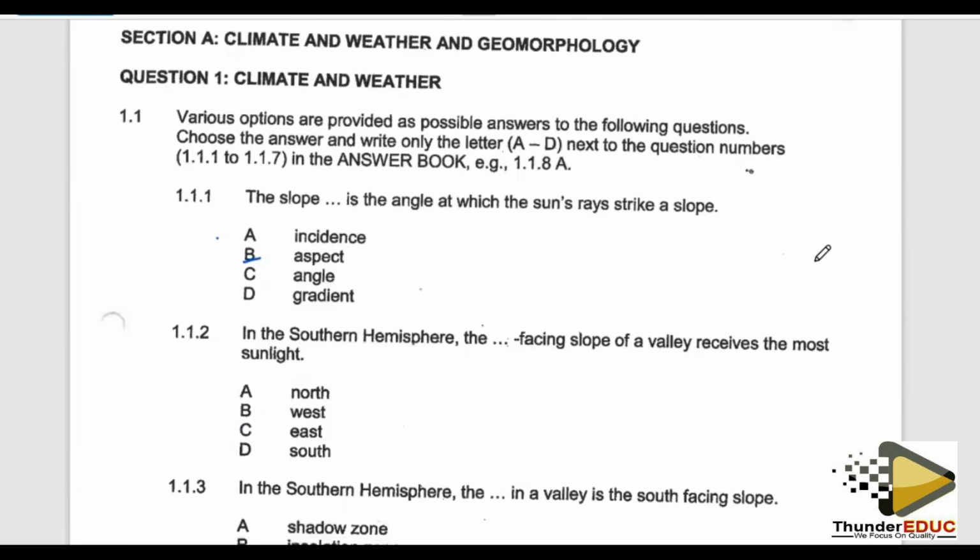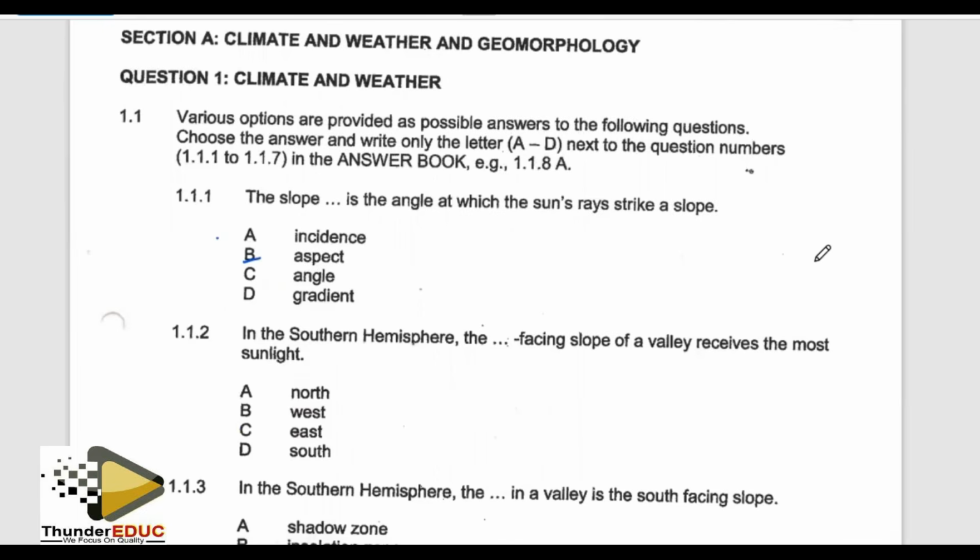1.1.2, in the southern hemisphere, the dash facing slope of a valley receives the most sunlight. We are in the southern hemisphere. If I try to do this one quickly here, that's a sketch. This is the southern hemisphere here.